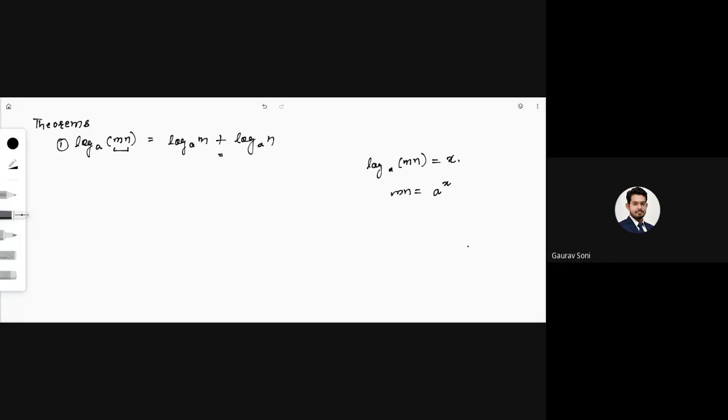Now I will call log to the base a of m is equal to y, and log to the base a of n is equal to z. So n will be equal to a raised to z, and m is equal to a raised to y. Right?